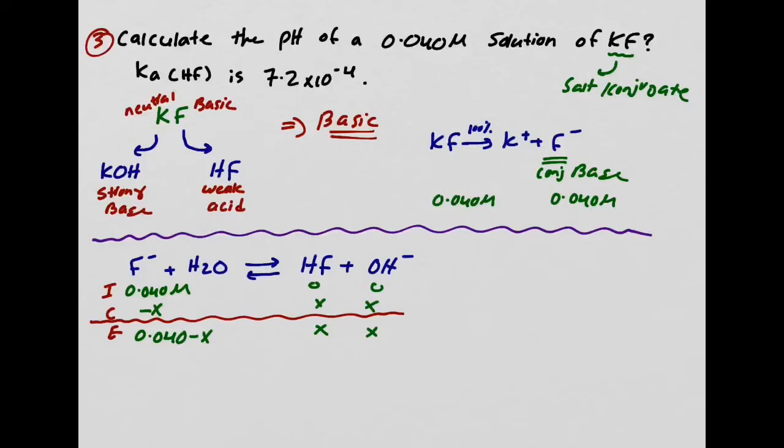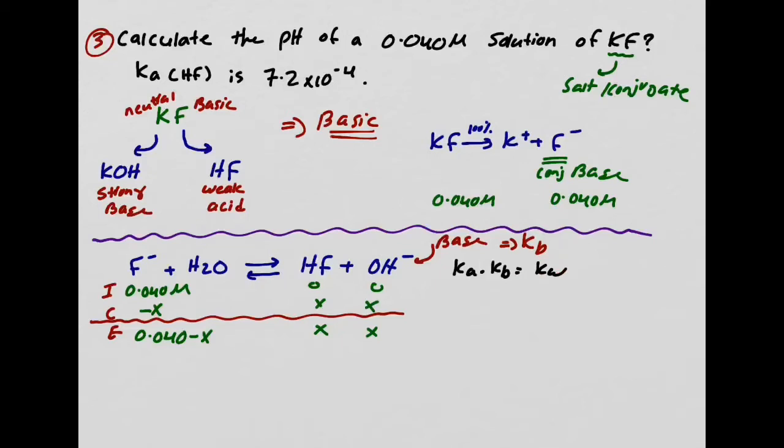How do you feel about this? Not bad, right? These are the things that we had before. Now, this is a base. I need you to realize that I have OH, this is a base. Now, if this is a base, what do I need? I need KB. Is KB given to you? KB is not given to you. Ka is given to you. But that's okay. I can figure it out because Ka times KB equals KW.